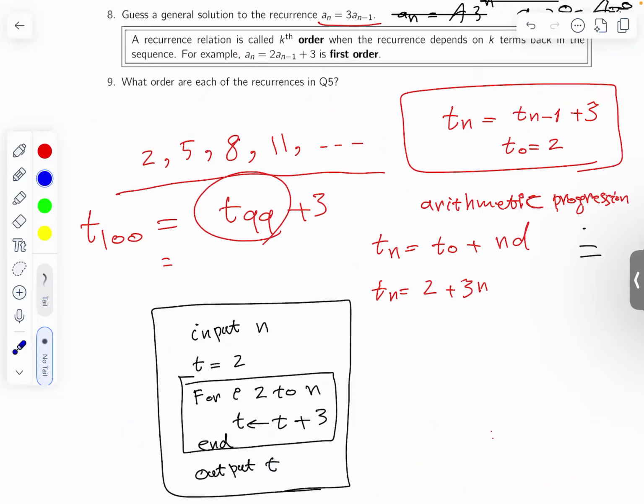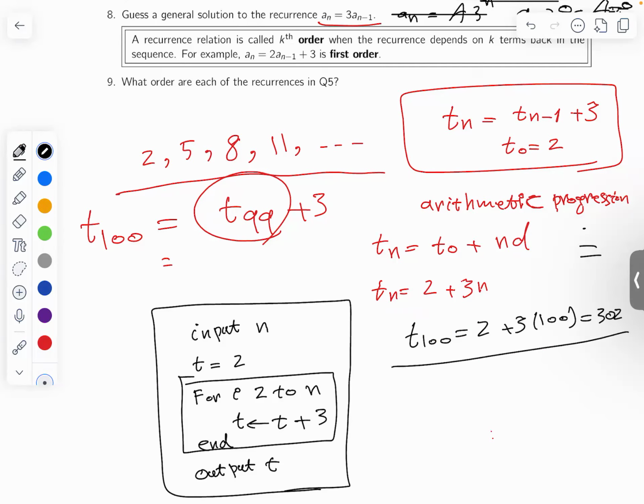So we can write Tn. Since it's starting from T0, this will be nd. Otherwise, if it starts from index 1, T1, I will just write n minus 1 times d. So Tn will be 2 plus 3n. So I can just calculate T100 easily. 2 plus 3 times 100 will be 302.